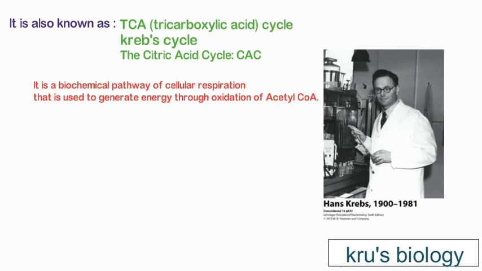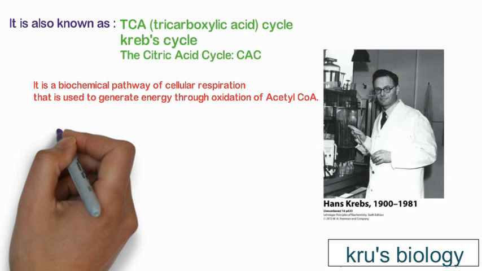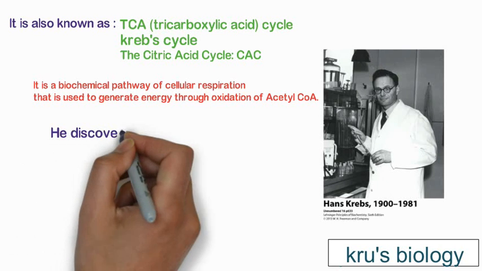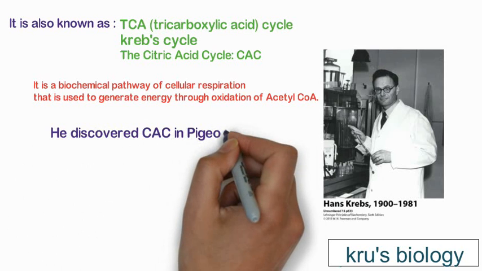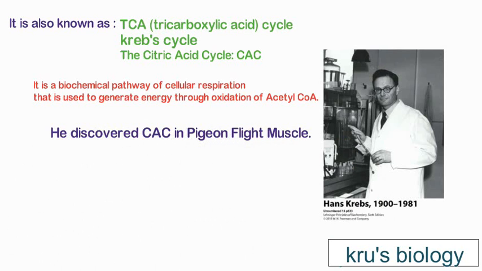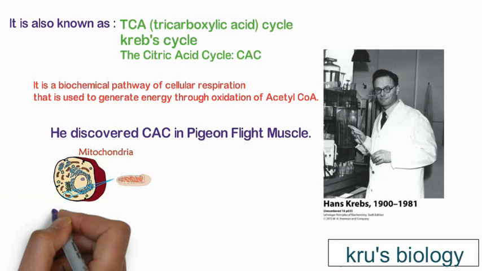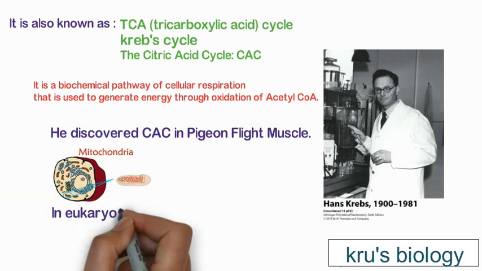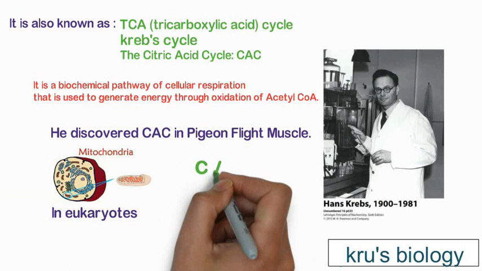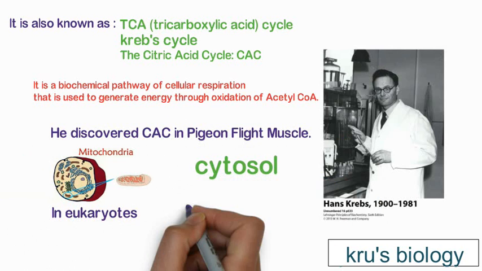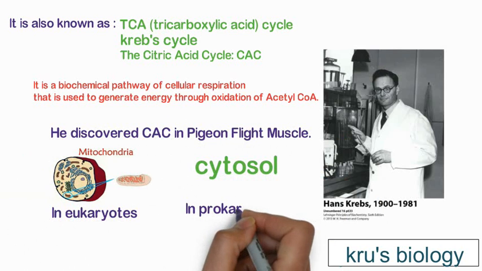It was discovered by Hans Krebs, and he discovered the cycle in pigeon flight muscle. It takes place in the matrix of mitochondria in eukaryotes, as well as in the cytosol of prokaryotes.